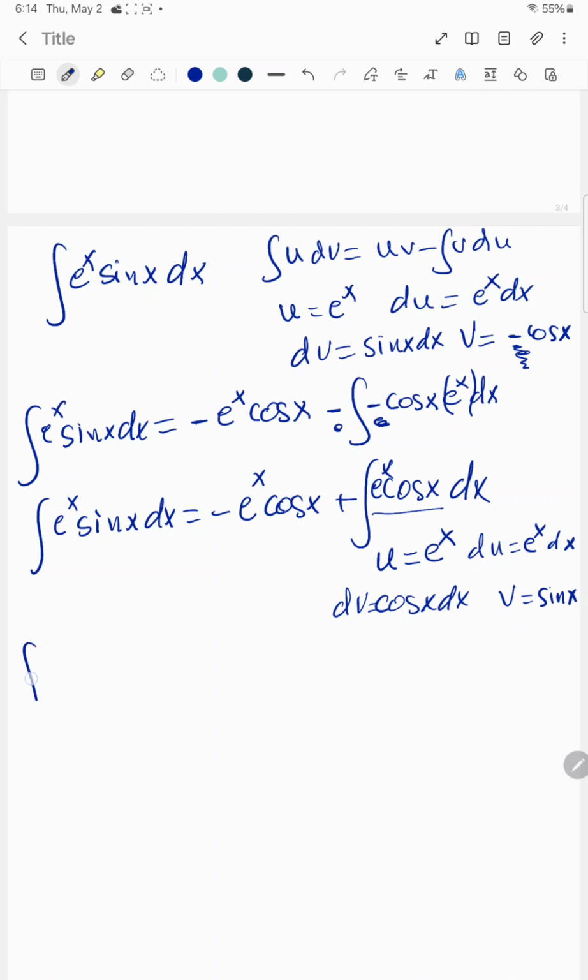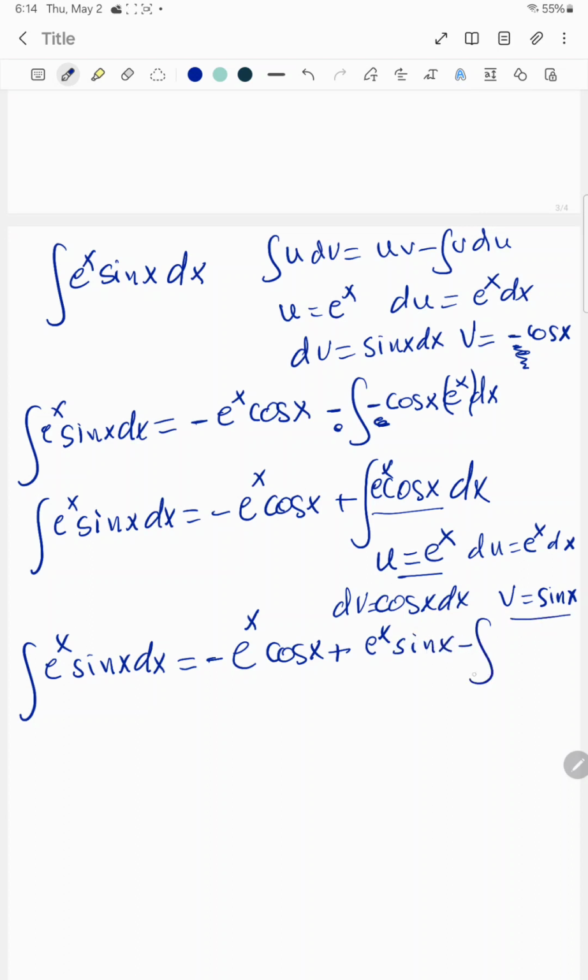So I will recopy, and you will understand why I am recopying when I finish. The integral of e^x sine x dx, why I'm writing this all the time, is equal to minus e to the power of x cosine x plus u, my u is e^x here, and my v is sine x, uv, minus the integral of v du.